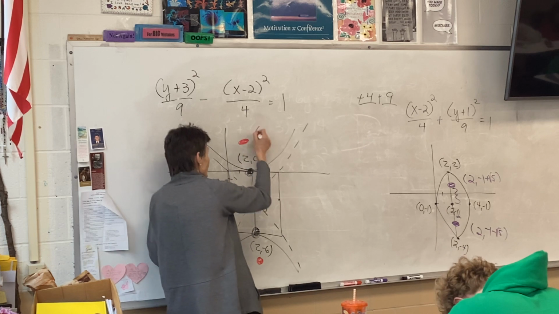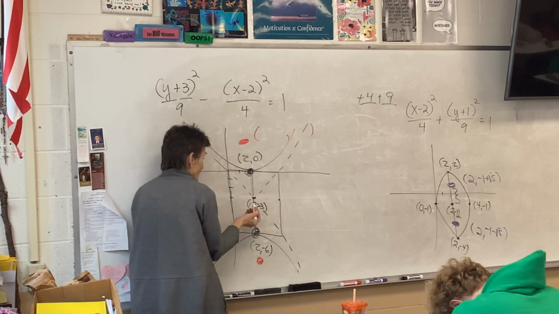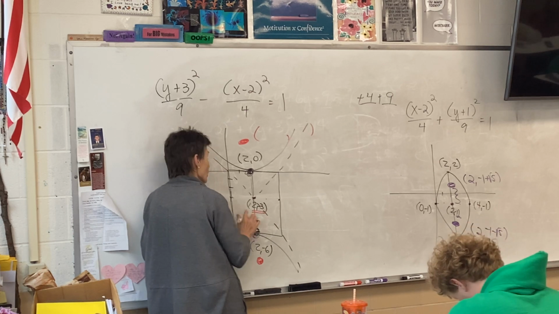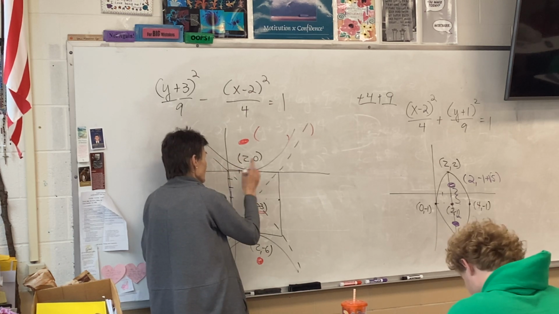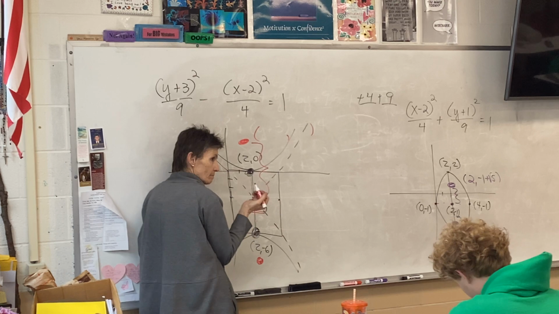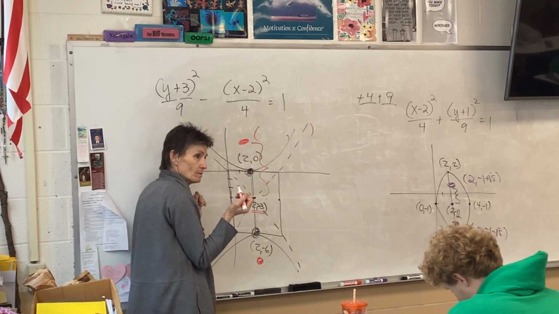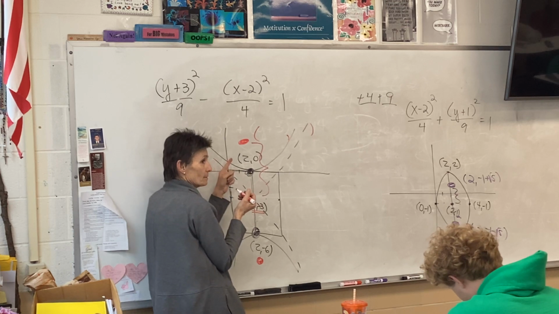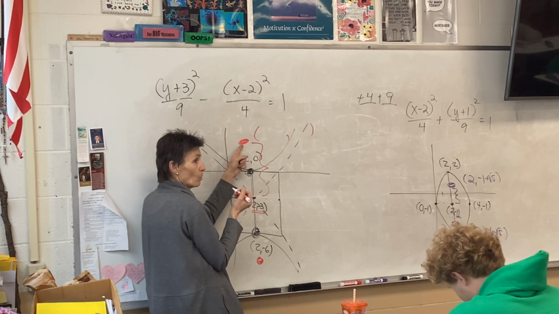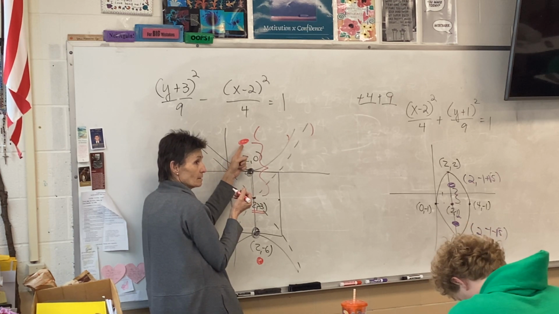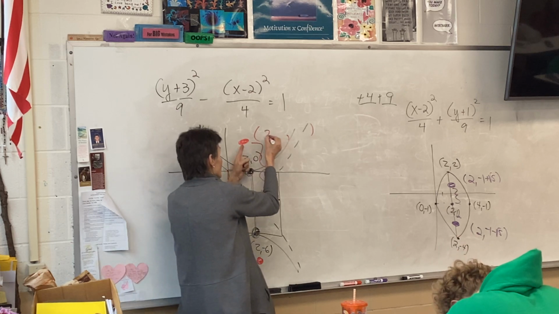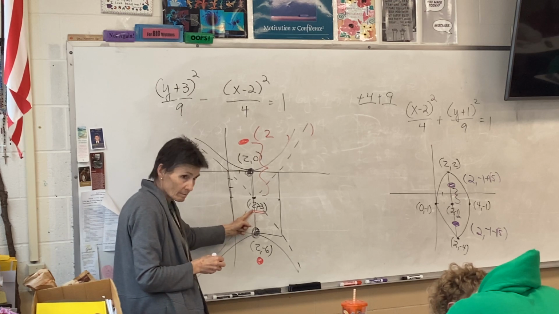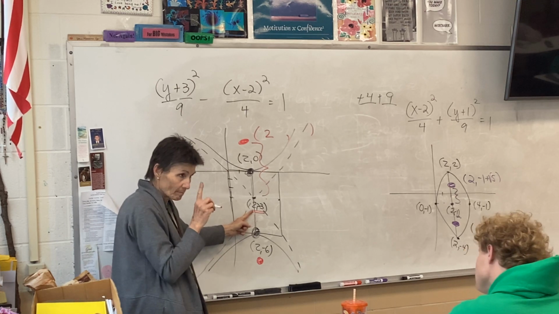So to find this point, we're going to start right here at our center and go straight up some distance that I'm going to figure out. Right? If I am going straight up, then the x-coordinate is 2. X isn't changing, right? I'm going up.